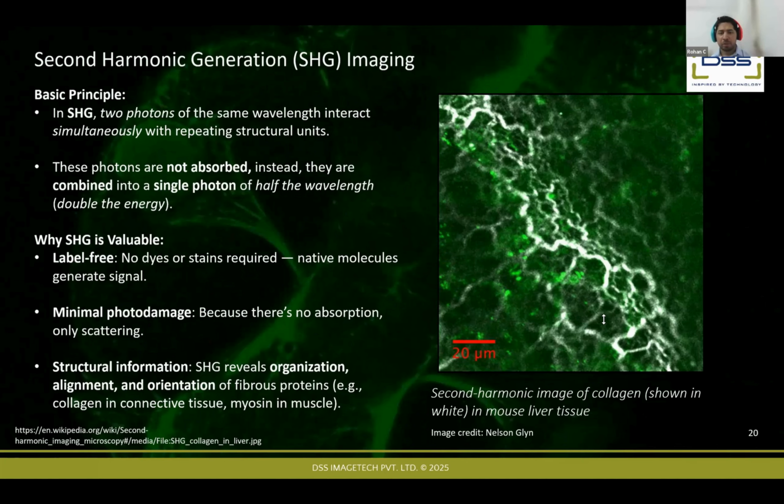Yes, definitely. So in our case, we are essentially working with the Olympus multiphoton microscope. Here we are providing a software called cellSens Dimension packaged together with the Olympus microscope. By default, it contains a software for 3D reconstruction. In that you can visualize different layers of your tissue.